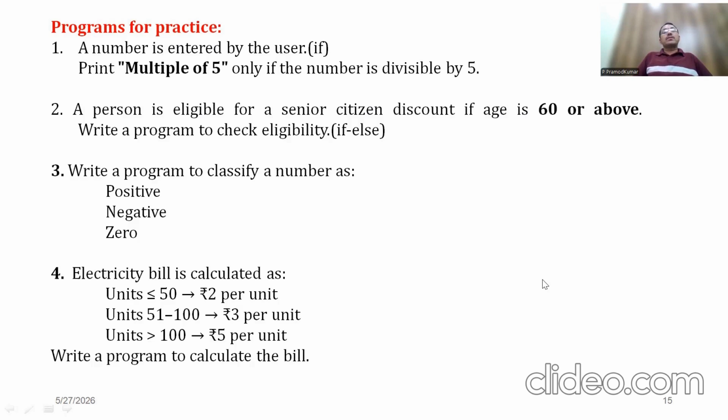So let us take 50 as the number I'm supplying through the keyboard, where you are supposed to use an if control statement to test it. If 50 modulo division 5, obviously that is true. Then we say that it is a multiple of 5.